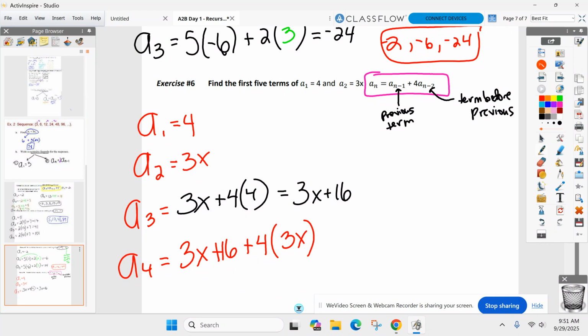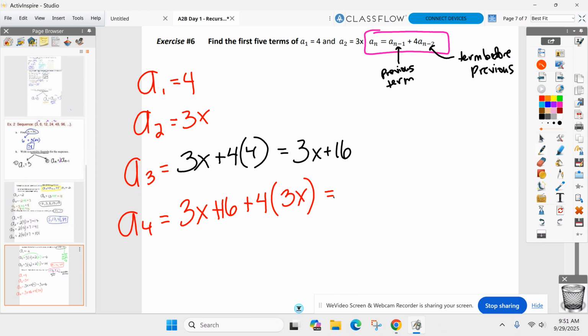Just be careful with your algebra, kids. Make sure you multiply first and then combine your like terms. 15x plus 16. 12x and 3x, combine your like terms.